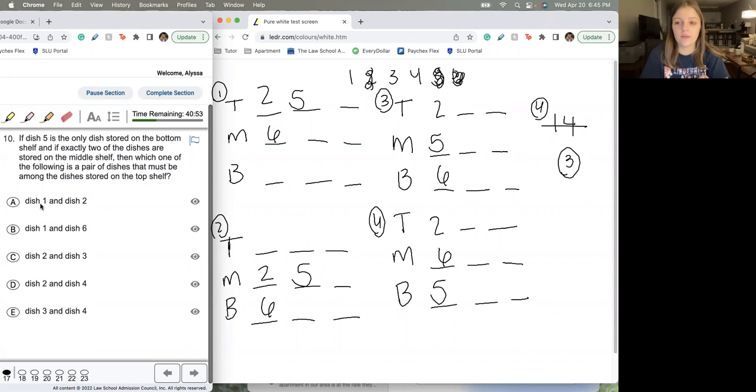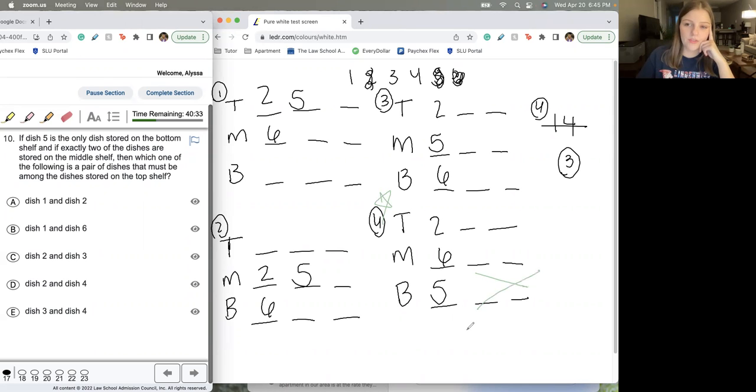So the first part that I'm looking at is if dish 5 is the only dish stored on the bottom shelf. I'm going to look for where that happens so I can narrow in my diagrams. So that actually only can happen in this 4th world. 5 can be a loner down here.